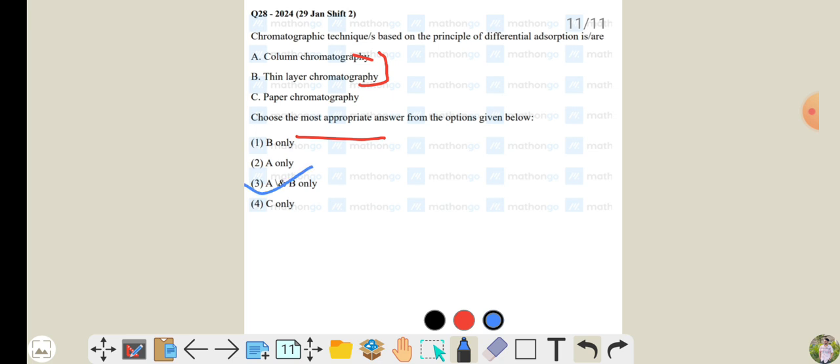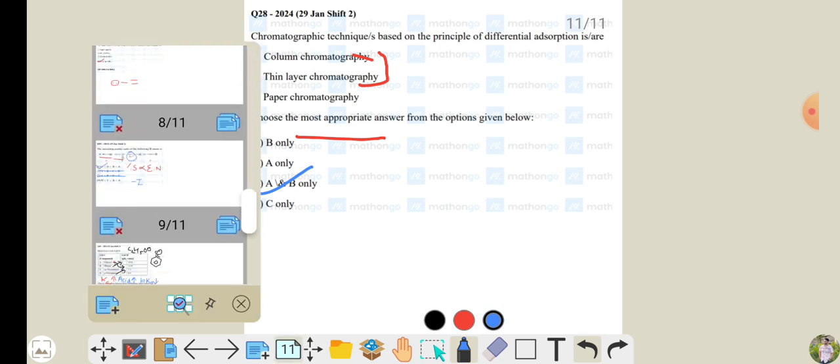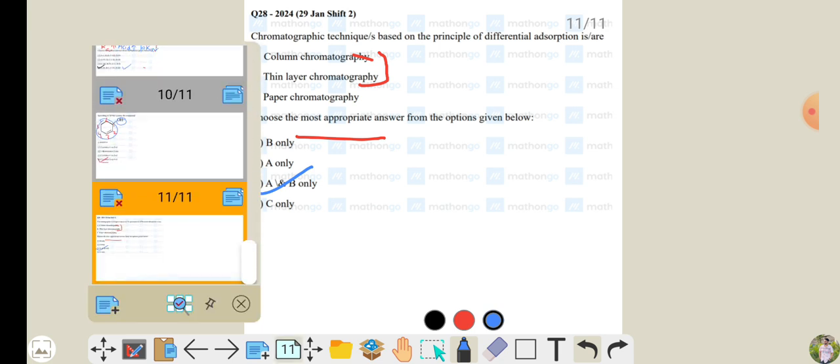Clear? So option C is the correct answer. It is theory-based, so read some theory about it while you are going to the labs. Read these things properly so that at least the one or two questions that come, you are able to solve.